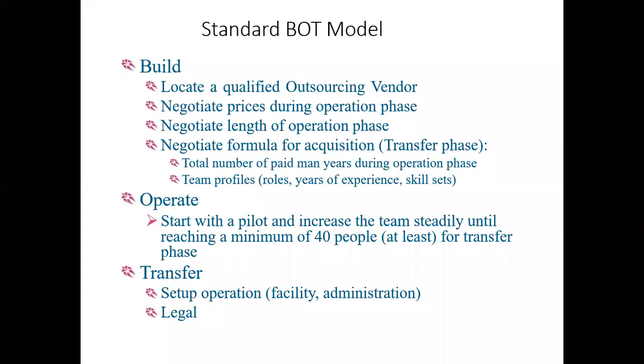Paid man years may be 20 years, 15 years, 5 years, 10 years, whatever that calculation is. So everything is considered at the build condition, that means before the start of any project, before giving the work order, all these things are considered.